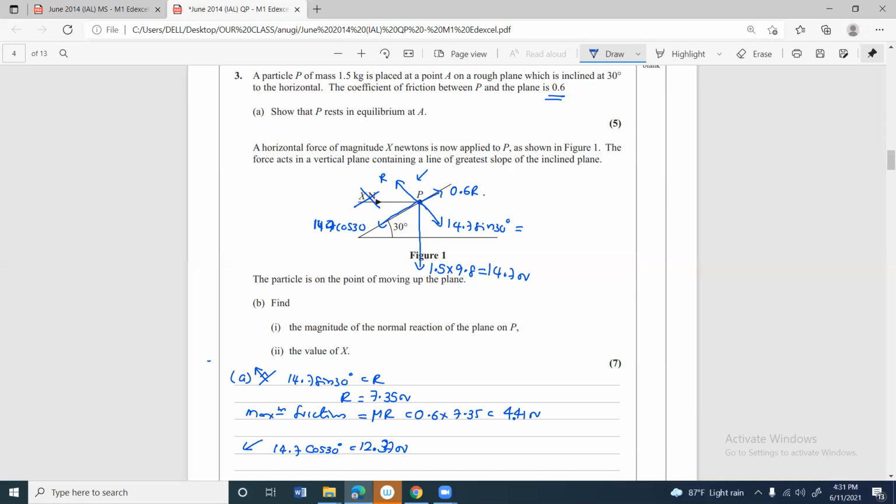We will see where we made the mistake. This is R. The frictional force is mu R, and the weight component is cos 30.